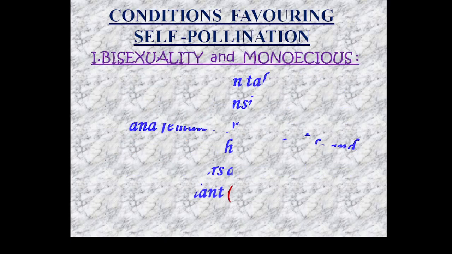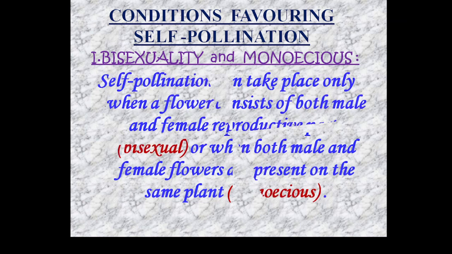So here it is. See, self-pollination can take place only when a flower consists of both male and female reproductive parts, which is known as bisexuality, or when the male and female parts are present on the same plant. Please understand it nicely. Self-pollination takes place when a flower consists of both the male and female reproductive parts.